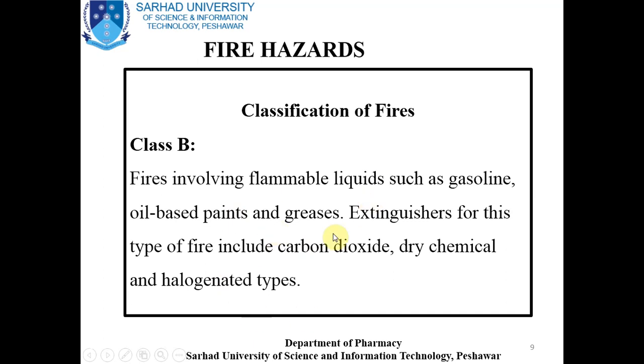Class B is due to liquids that are flammable in nature, and different varieties of extinguishers are used to control this type of fire, for example carbon dioxide, chemical, and halogenated fire extinguishers.